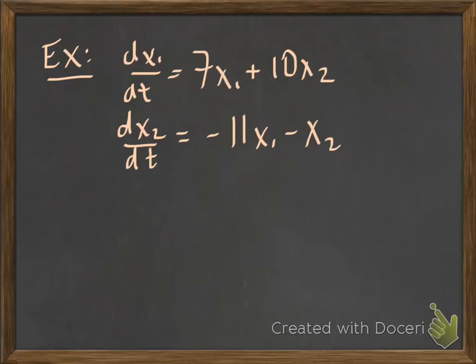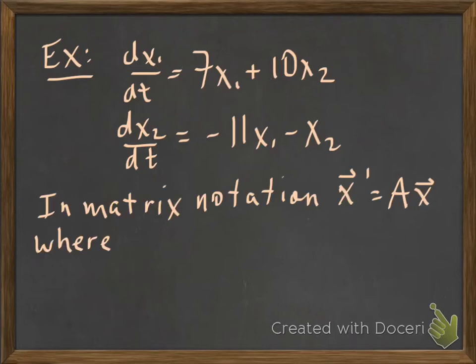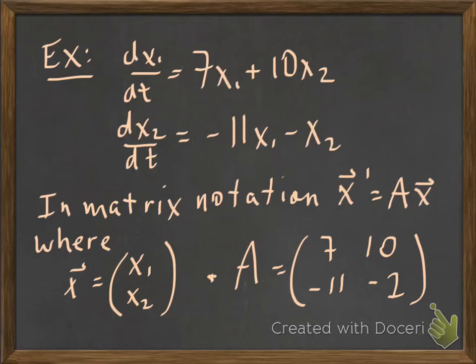Okay, so let's see an example of how we can translate a system into matrix notation. I have dx1/dt is 7x1 plus 10x2, and dx2/dt is negative 11x1 minus x2. In matrix notation, x' equals the matrix A times x, where my vector x is x1 and x2, its two components.